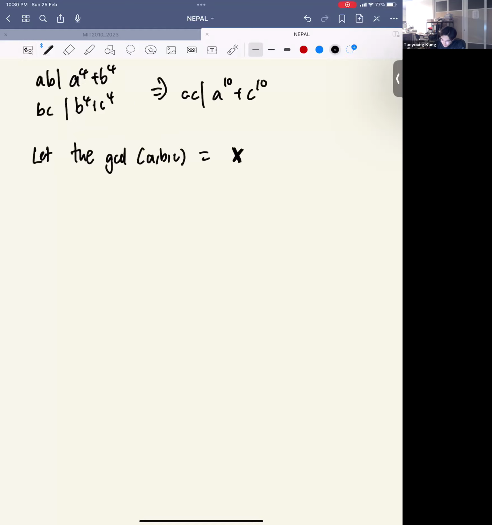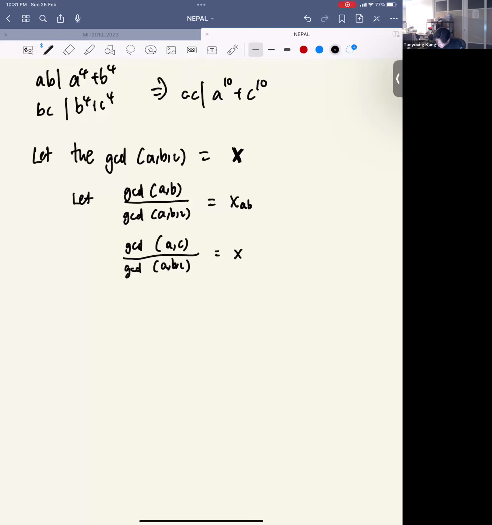Then let the GCD of A, B divided by the GCD of A, B, C equal XAB. The GCD of AC divided by the GCD of ABC equal XAC, and the GCD of BC divided by the GCD of ABC equal XBC.